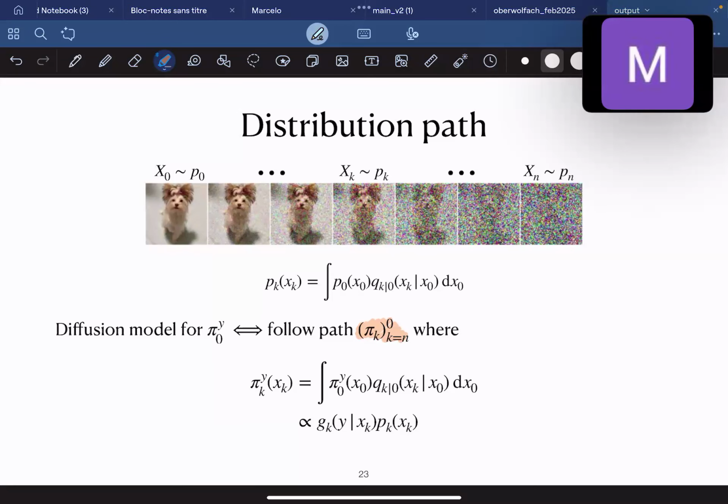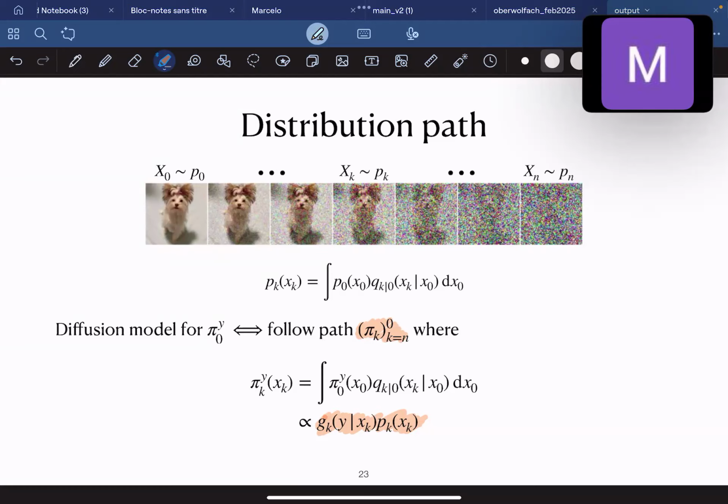So here I'm defining pi_k. pi_k corresponds to the marginal of my diffusion model starting from my posterior. Okay, and just by definition and with all the story I just explained, this sequence of marginals, if you recall, is simply the product of my pseudo likelihood at stage k and the marginal of my original diffusion at stage k as well.